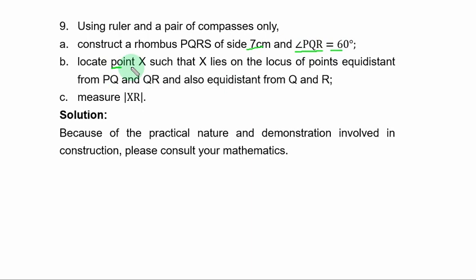B. Locate point S such that S lies on the locus of points equidistant from PQ and QR, and also equidistant from Q and R. C part, you are asked to measure S R. So let's see how we can do that.